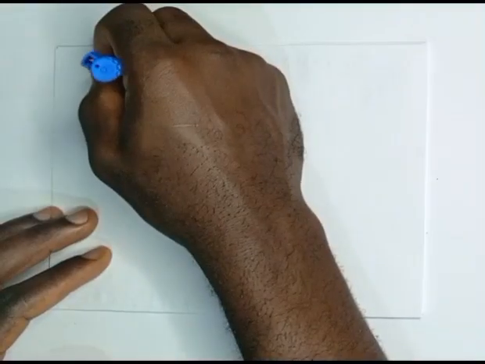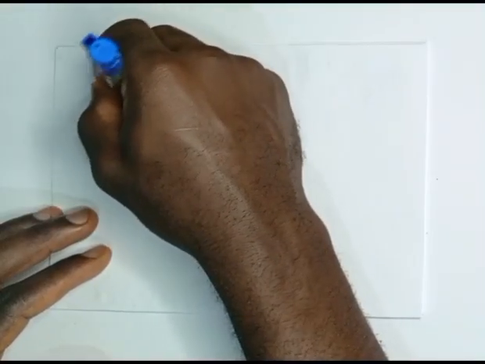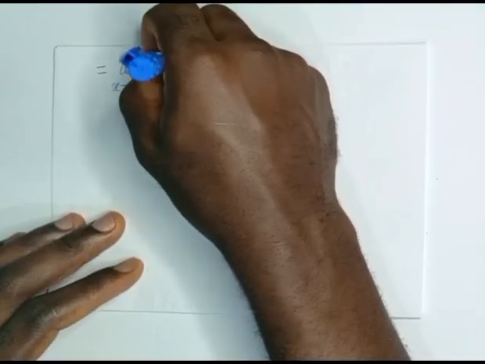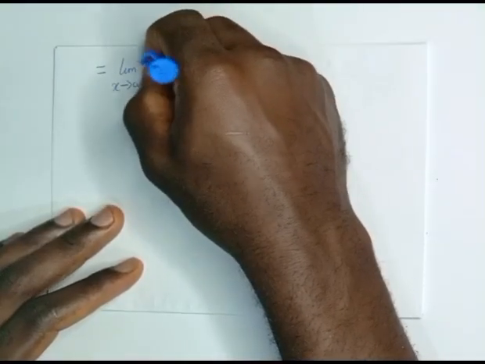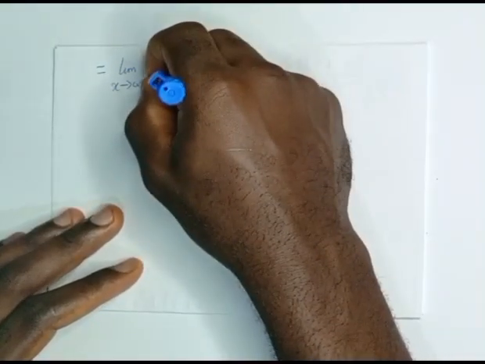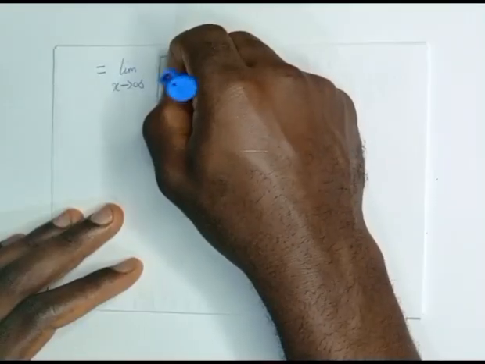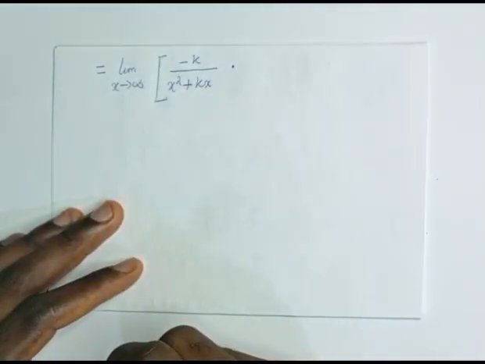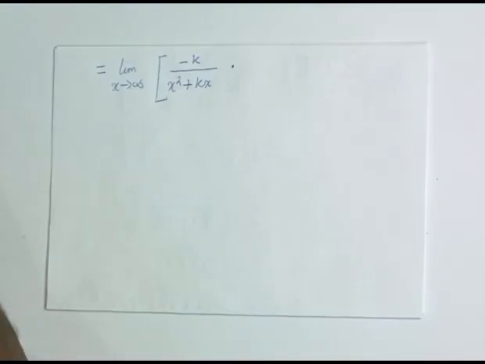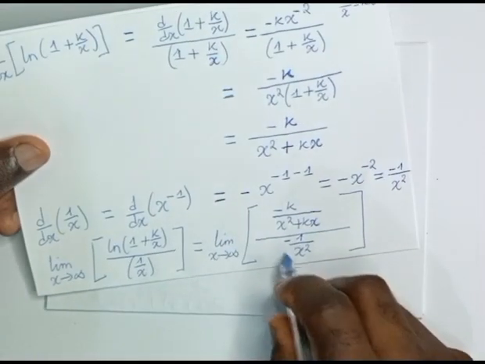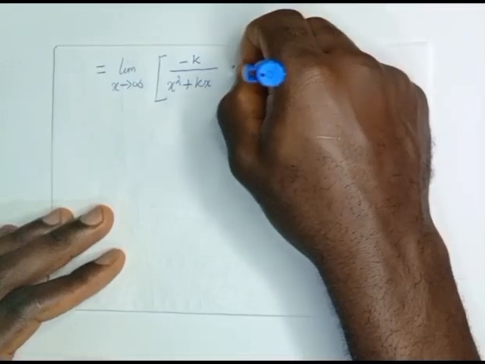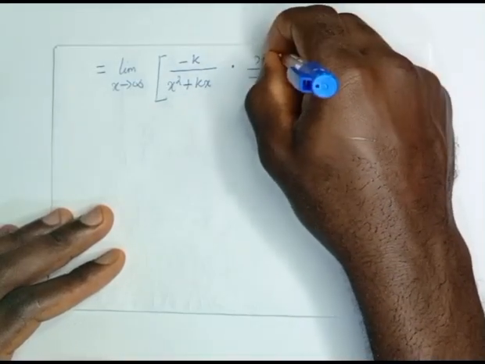This will simply be equal to the limit as x tends to infinity of negative k all over x squared plus kx times, we have to invert what we have at the denominator. It gives us x squared all over negative 1.